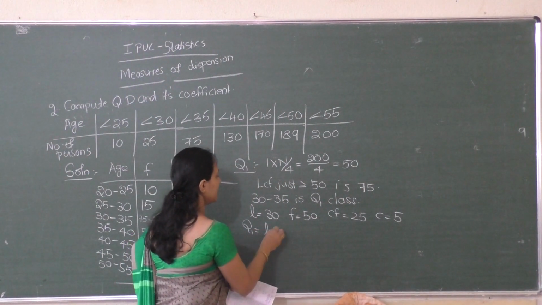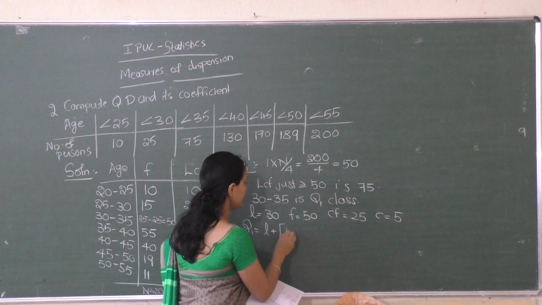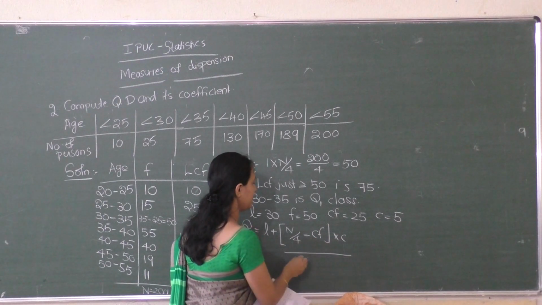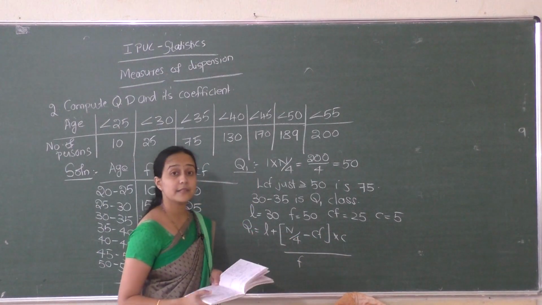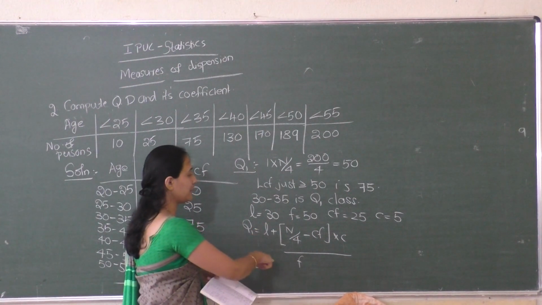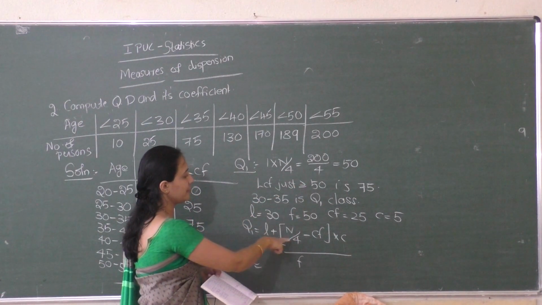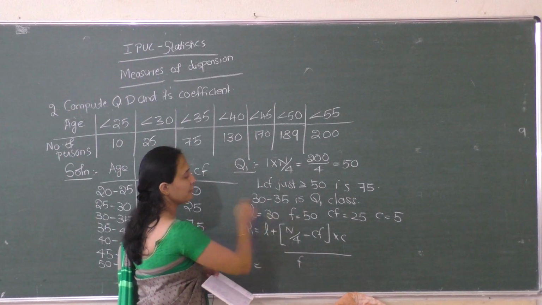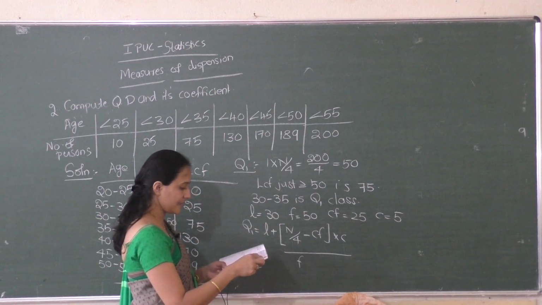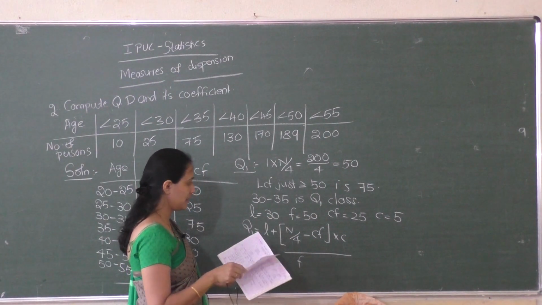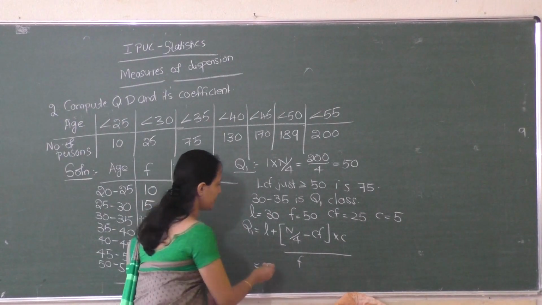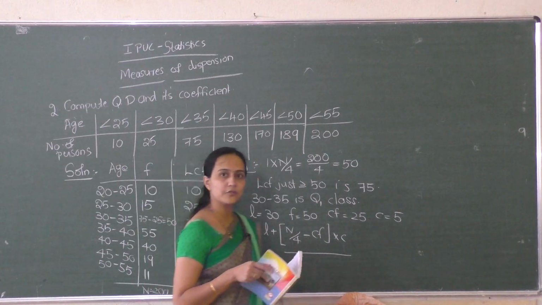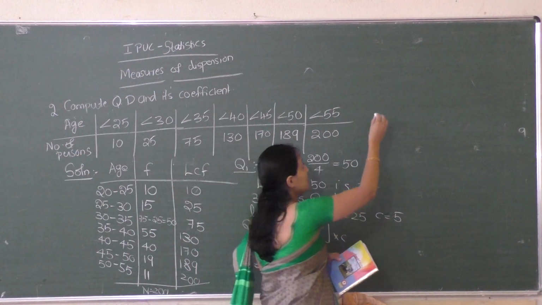Q1 equals L plus (1 into N by 4 minus CF) into C divided by F. Substituting the values: L is 30 plus N by 4, that is 50, minus CF 25, into C which is 5, divided by F which is 50. Correct? The answer is Q1 equals 32.5.